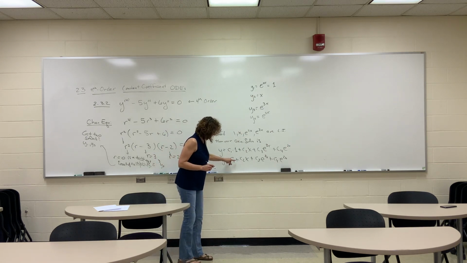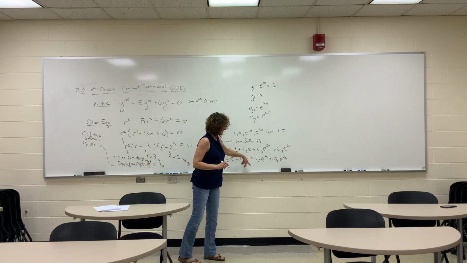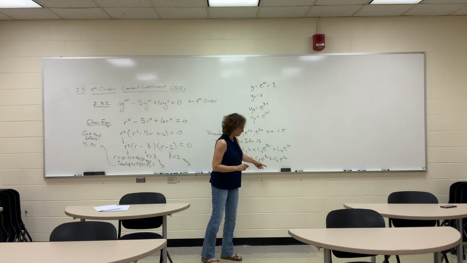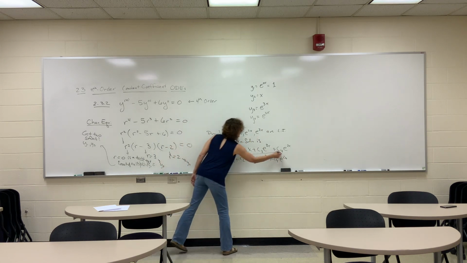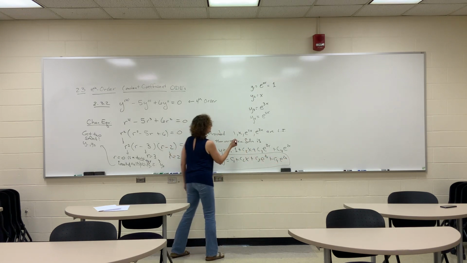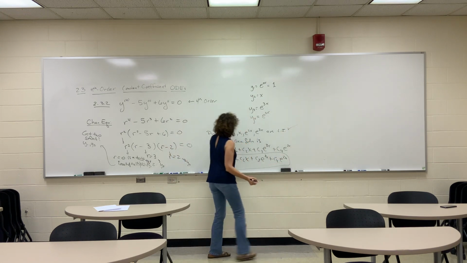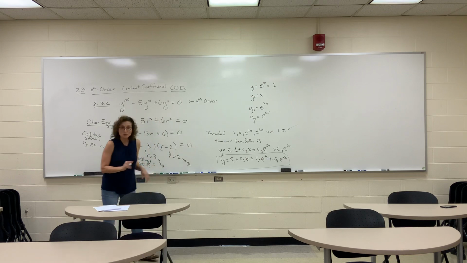An arbitrary constant, a different arbitrary constant times x, plus a different arbitrary constant times e to the 3x, plus a different arbitrary constant times e to the 2x. This is our general solution. I'll leave it to you to show that indeed that is true.